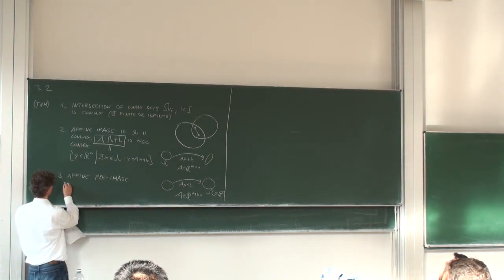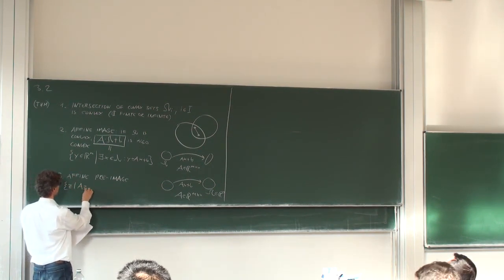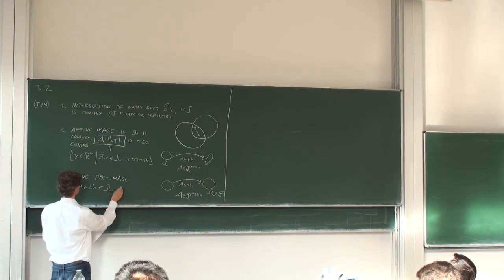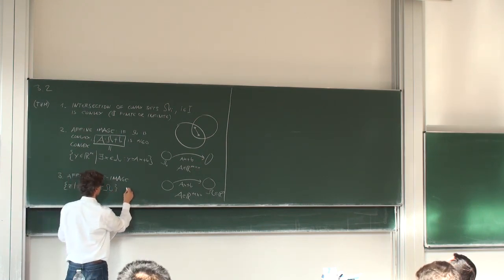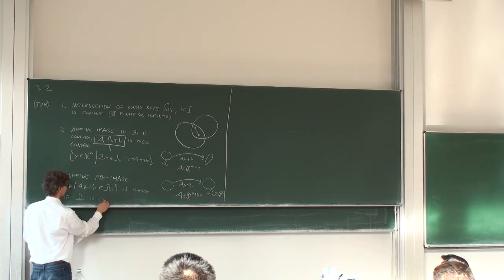It is the set of all z so that Az plus b is an element in omega. It is convex if omega is convex.